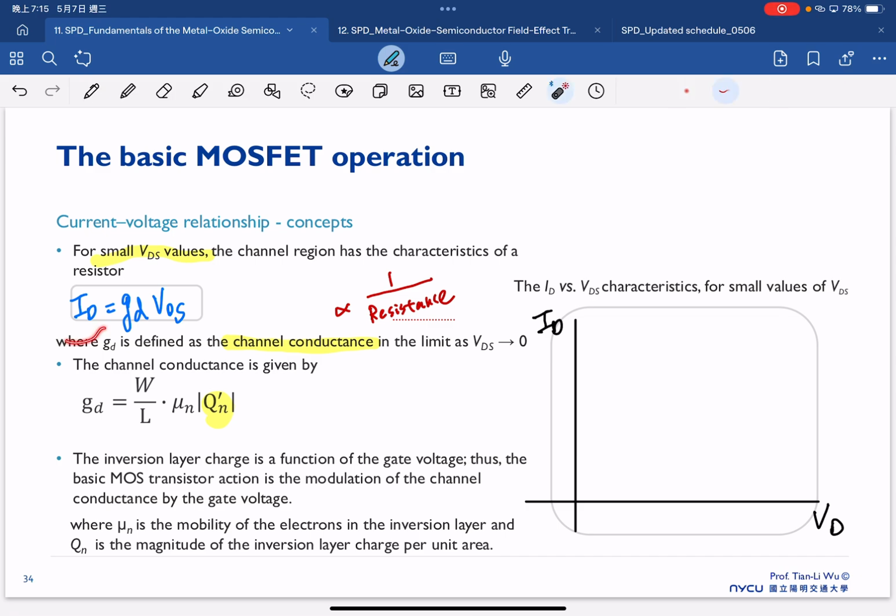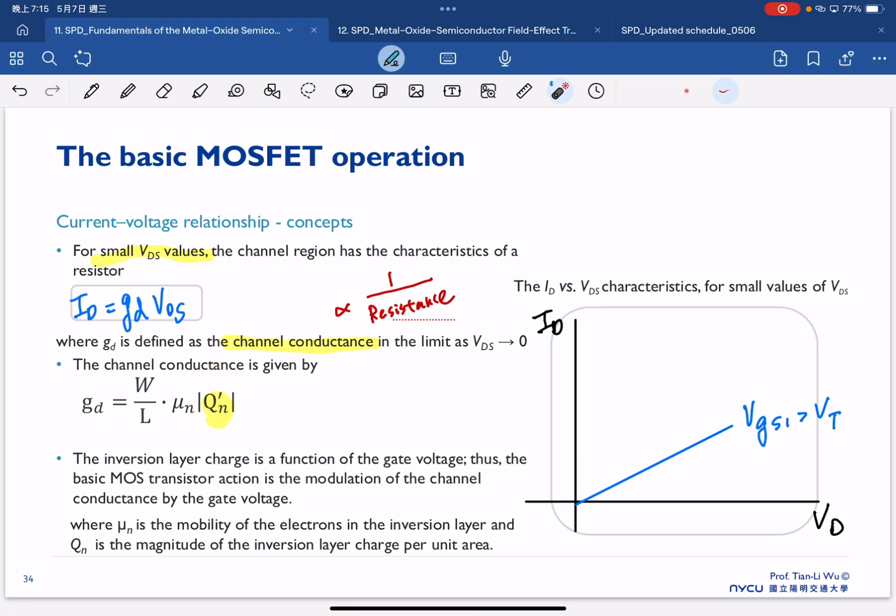Because our current is linearly proportional to VDS, we can expect the current to look like this for the case of VGS1 larger than VT.